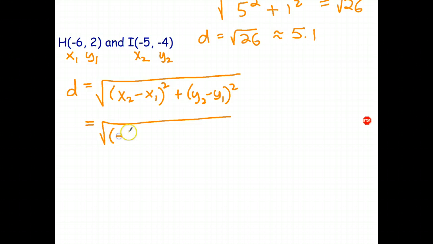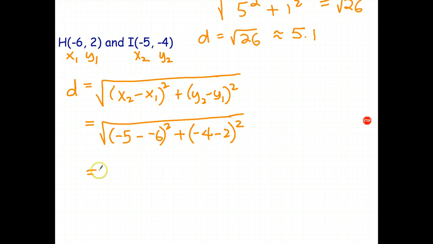So I have -5 subtract -6 all squared plus, and y2 is -4, subtract 2, so -4 subtract 2 all squared. So after you've organized which point is which, write the distance formula, then substitute.